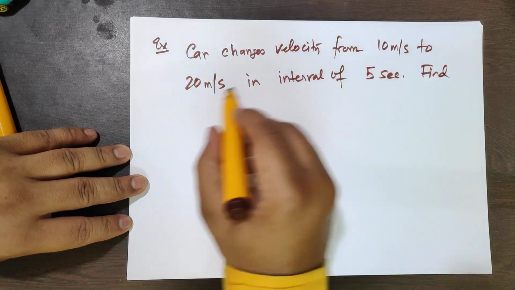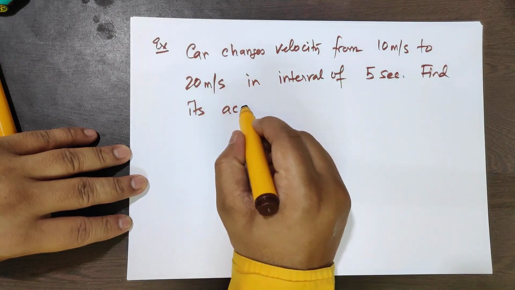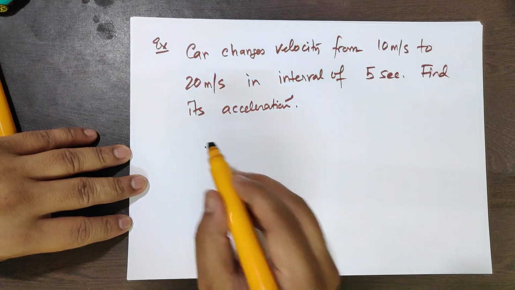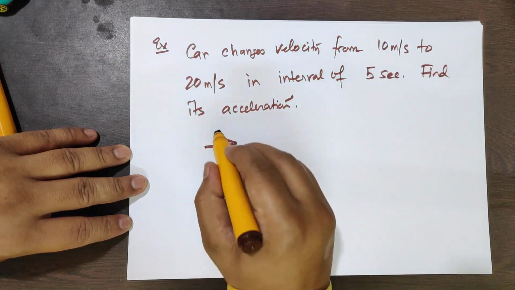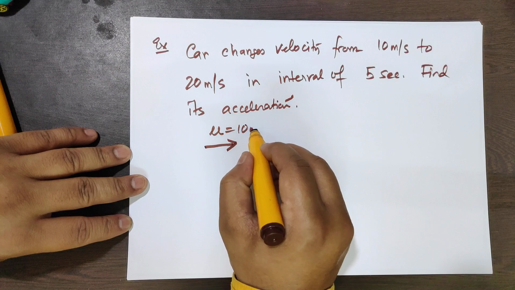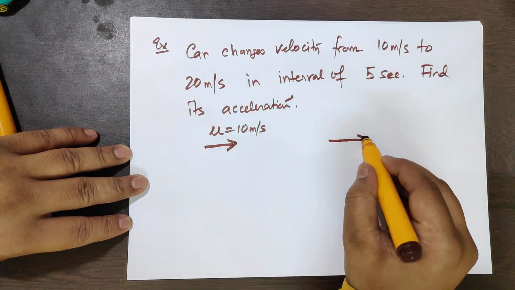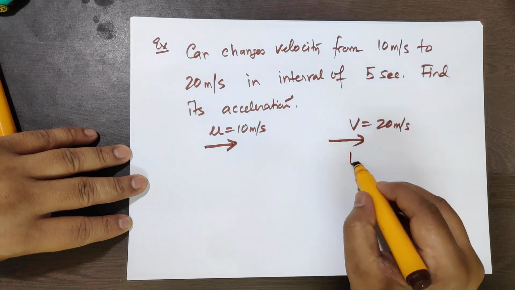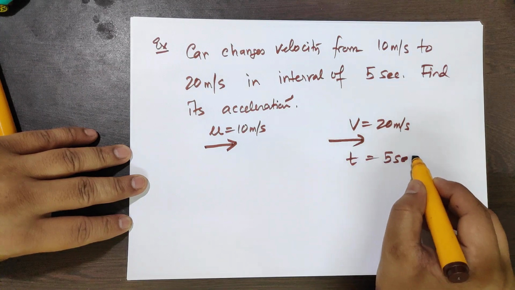Find its acceleration. It doesn't change direction, so u is equal to 10 and final velocity is equal to 20, and time is equal to 5 seconds.